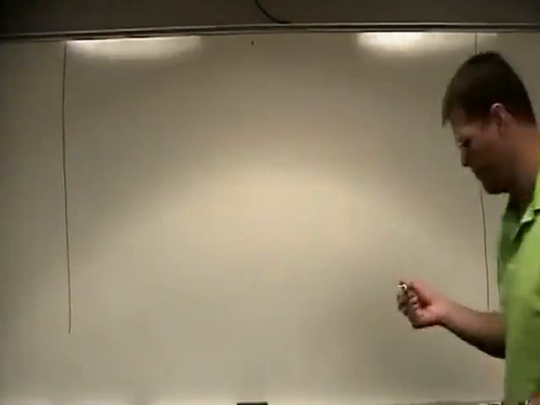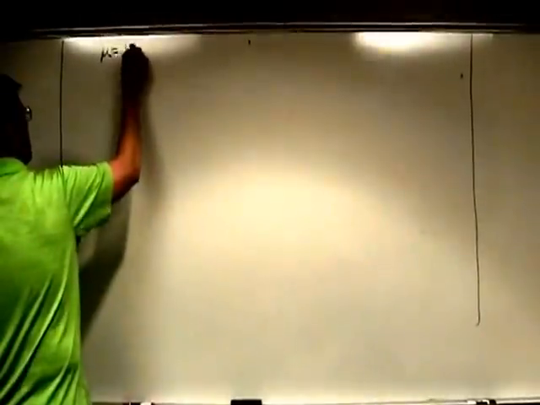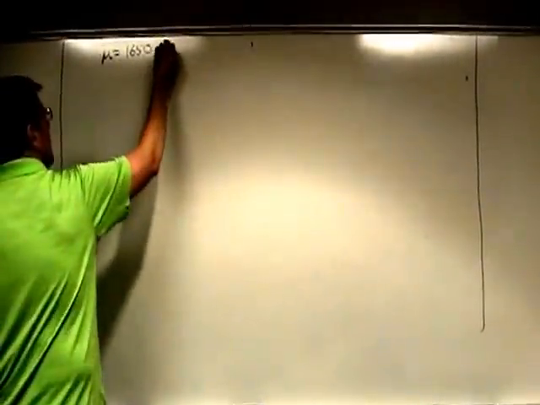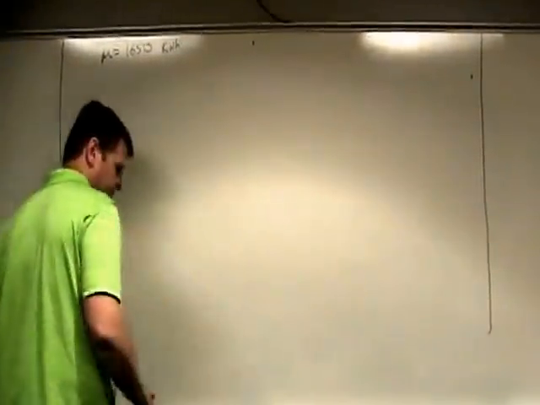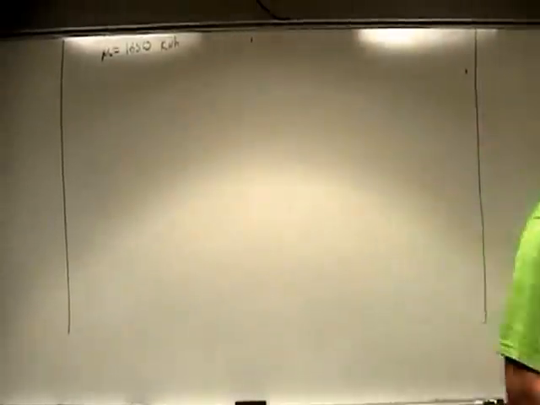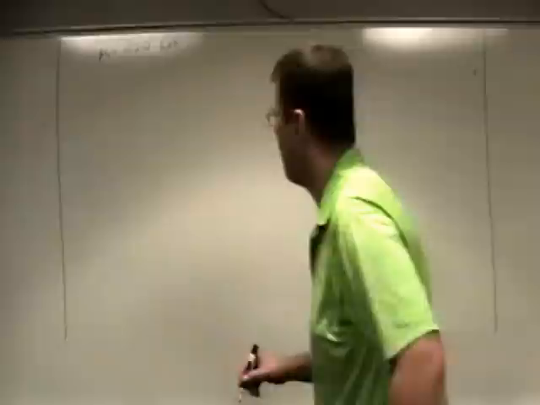Sorry, page 200 at the bottom, my goof. And problem 61, it says, according to the records of an electric company serving the Boston area, the mean electricity consumption during winter for all households is 1,650 kilowatt hours per month. So we have mu is equal to 1,650 kilowatt hours. And the standard deviation of 320 kilowatt hours.